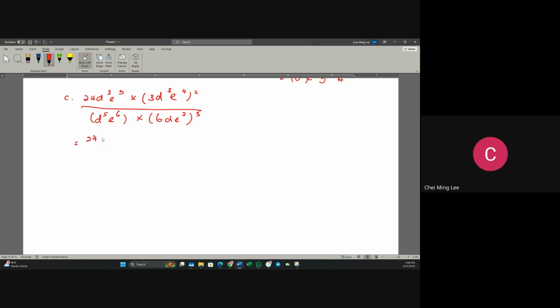So it's 24d cubed e to the power of 5. Then multiply by, this thing should be 3 squared, d to the power of 3 times 2, e to the power of 4 times 2.